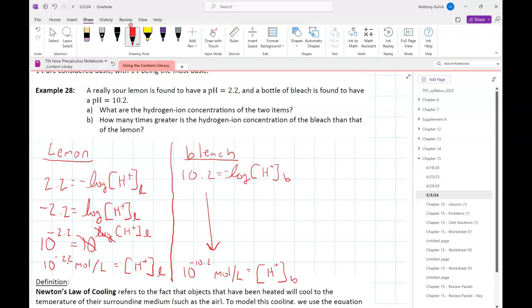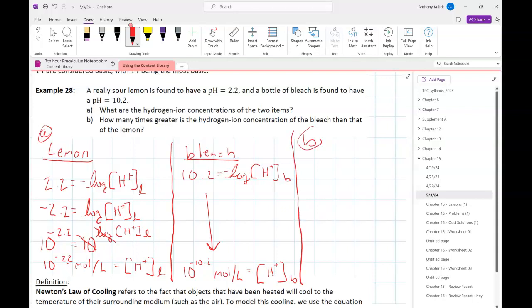I'm just going to skip all the work. It's the exact same work, the exact same steps. We're good skipping and just writing the answer. I can see what happened. I just have negative pH in the exponent of my number 10. Whatever, okay. That's fine, Mr. Kulik.